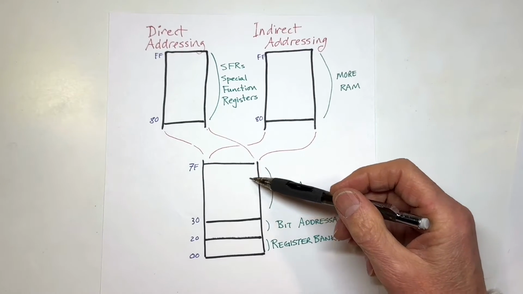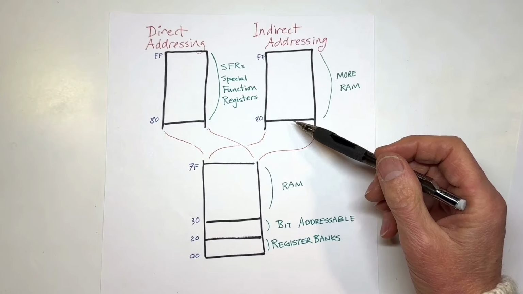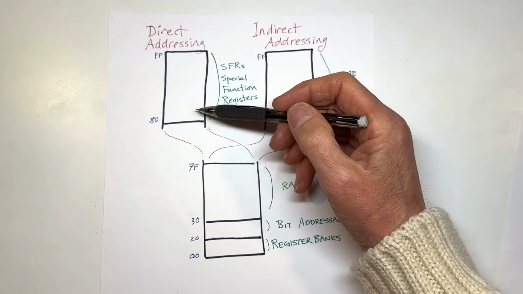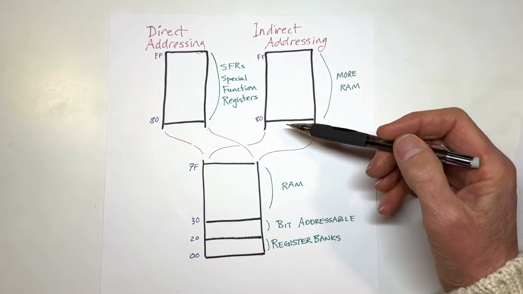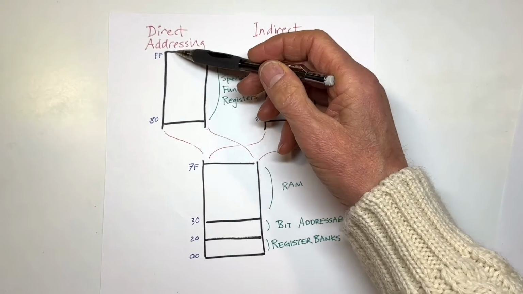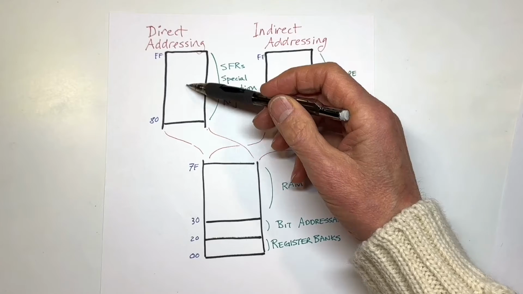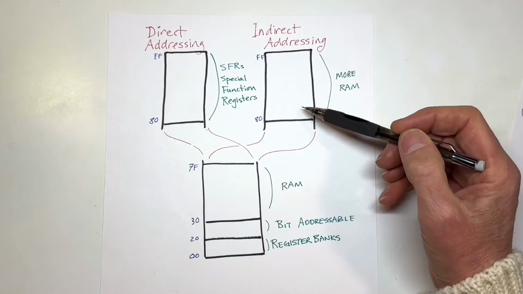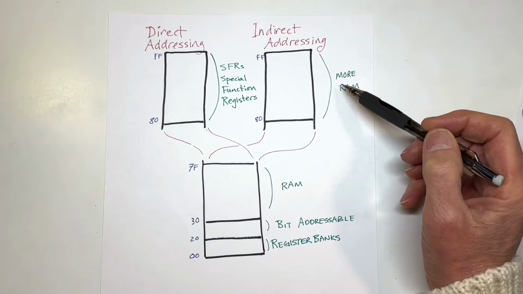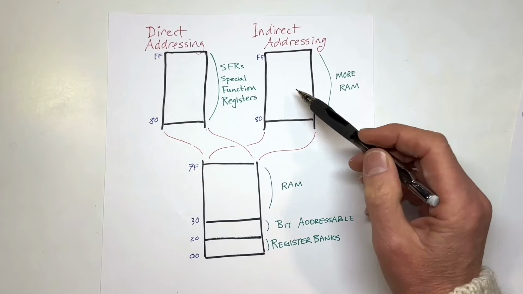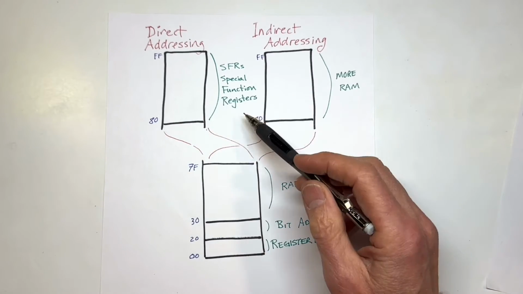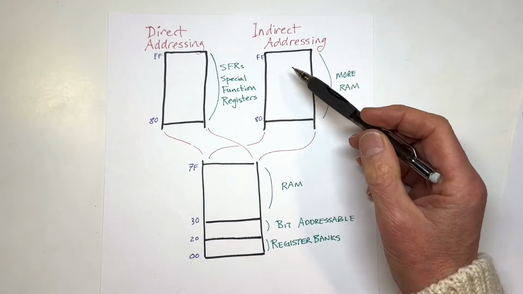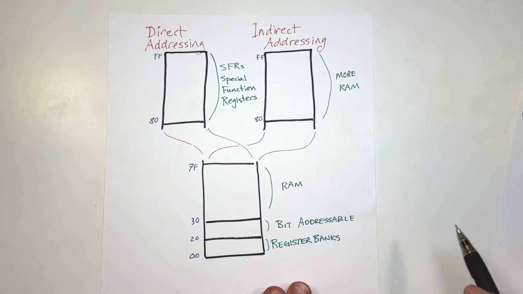But some instructions use indirect addressing, and for those, addresses in the upper half of the address space, that is, addresses between 80 and FF, will not address special function registers, but will just access the additional RAM memory. So we sort of really have more than 256 bytes, but the address space itself is 256 bytes.